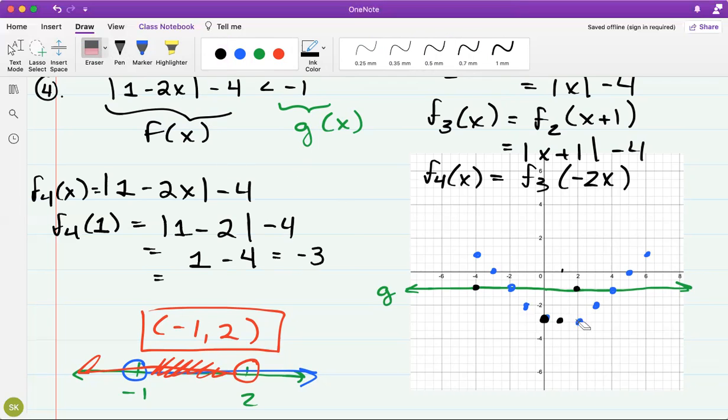And then if we plug in 2, I see what's happening. So if we plug in 2 into here, you get 1 minus 4, which becomes 3 minus 4, which is negative 1. So then we get the point 2 goes to negative 1, which is right here.